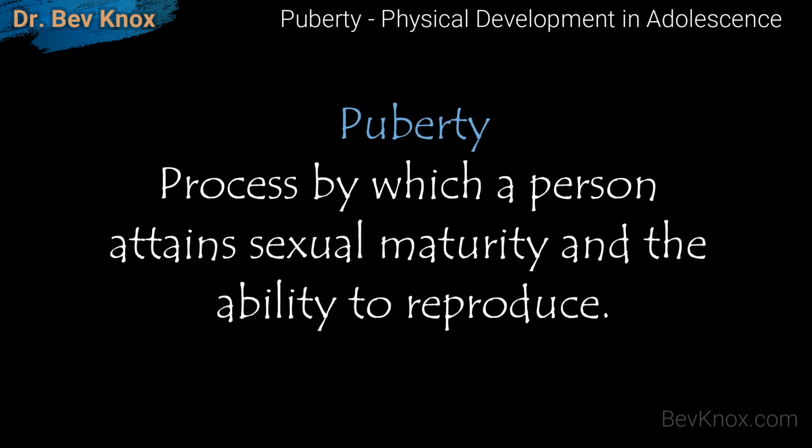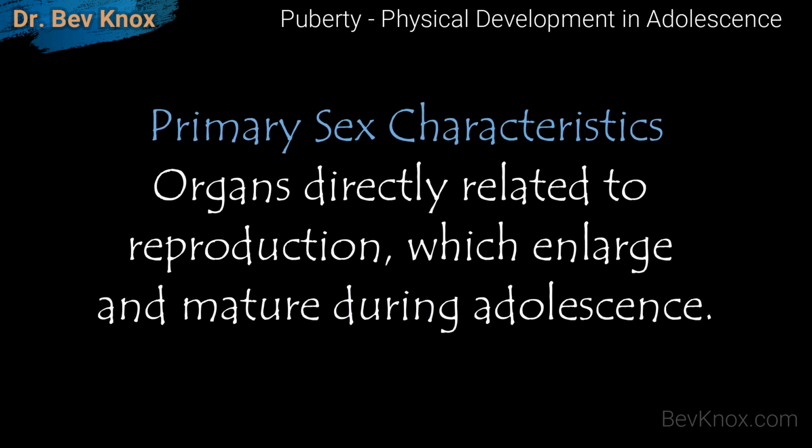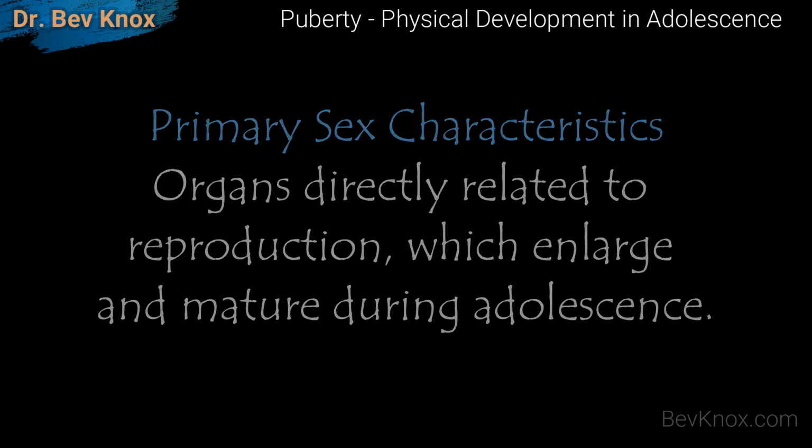Next, puberty: the process by which a person attains sexual maturity and the ability to reproduce. Next, primary sex characteristics: organs directly related to reproduction, which enlarge and mature during adolescence.